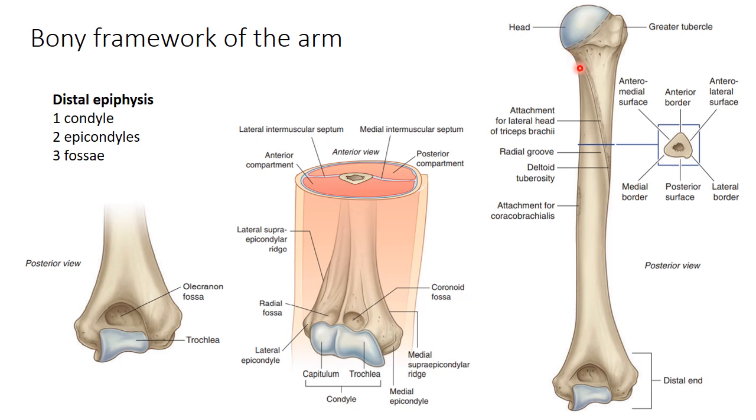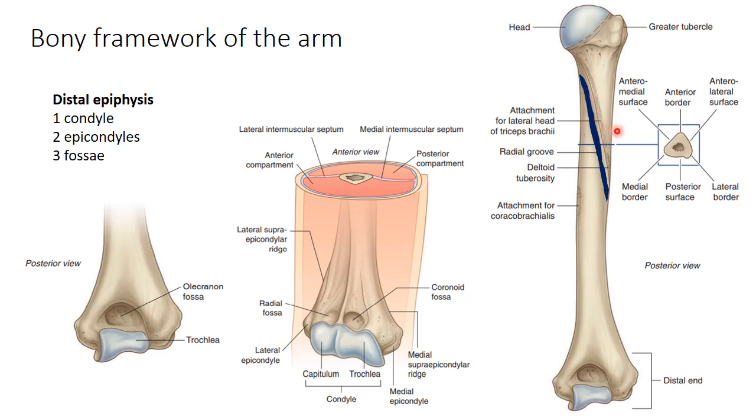This groove is very important because we have two important structures, which are the radial nerve, which is why we call it the radial groove. The radial nerve passes through the triangular interval, if you remember the triangular interval, from the axilla and then enters the posterior compartment of the arm. The radial nerve and the other structure, the profunda brachii artery, pass in close relation with the humerus, where? In the radial groove.